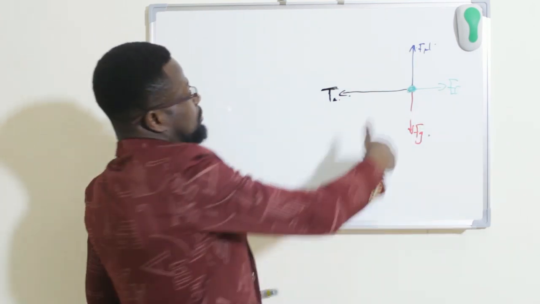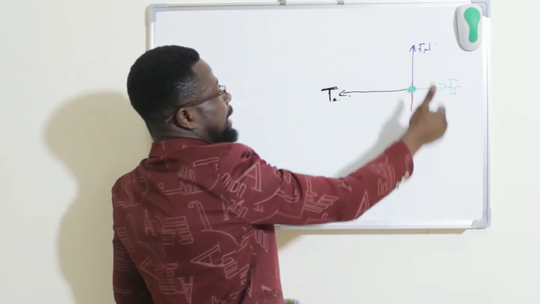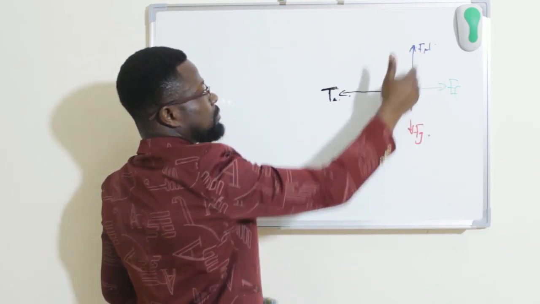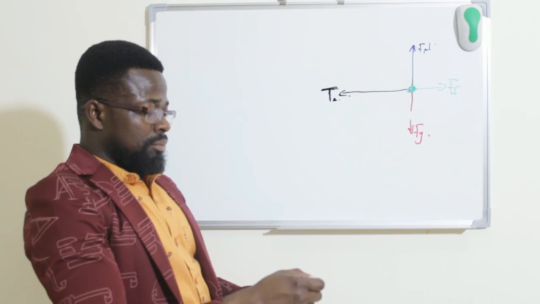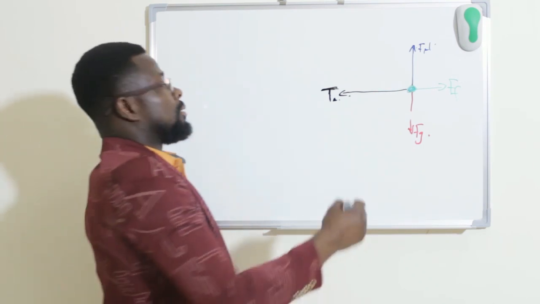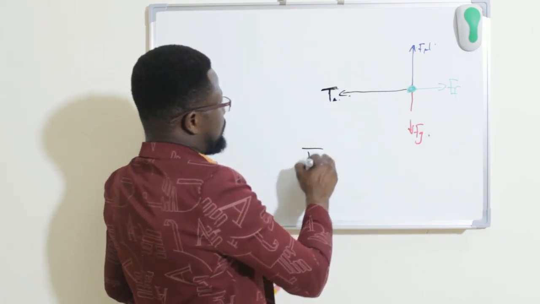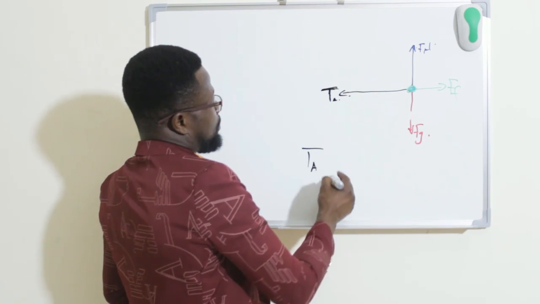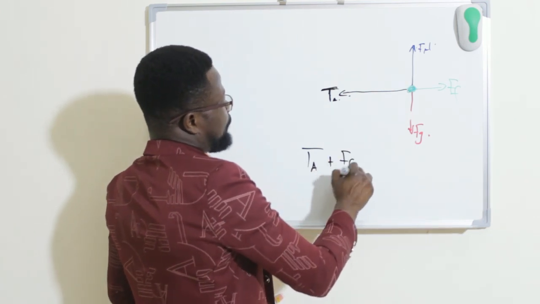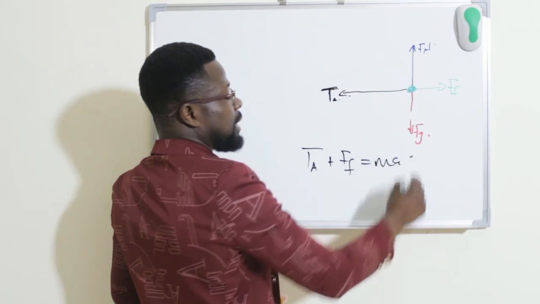We know that the horizontal forces are not working, so they are equal to 0. Therefore, our TA plus FF is equals to MA.